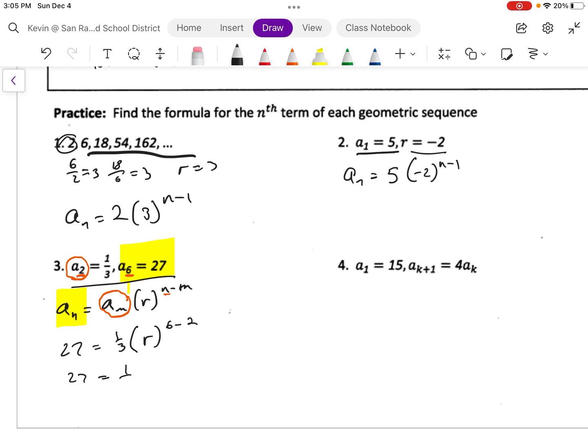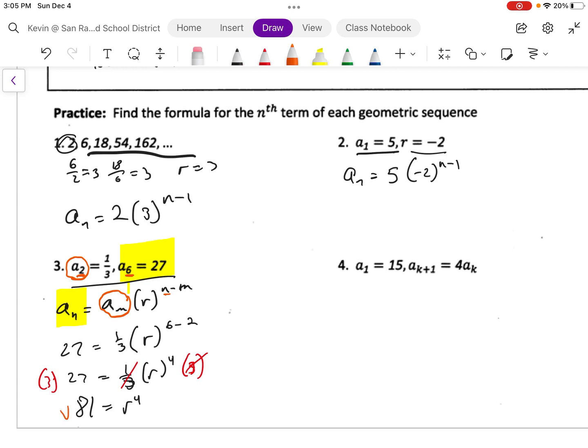So we have 27 equals 1/3 r to the 4th. Multiply both sides by 3. These cancel out, and this gives us 81 equals r to the 4th.